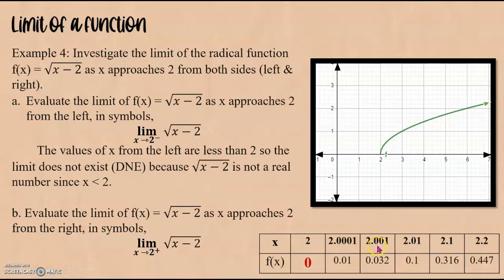When x is equal to 2.001, f of x is equal to 0.032. And when x is equal to 2.0001, f of x is equal to 0.01. We can see that as x approaches 2 from the right, the values of f of x are approaching 0. Meaning, the limit of the square root of x minus 2 as x approaches 2 from the right is equal to 0.